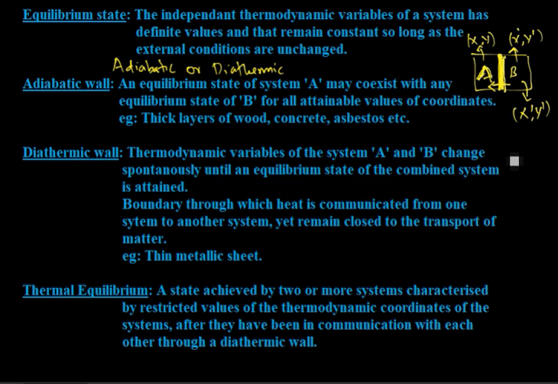That means, suppose two systems, A characterized by the coordinates x and y, and another system B defined by the coordinates x prime, y prime, are not in equilibrium and are separated by a diathermic wall.